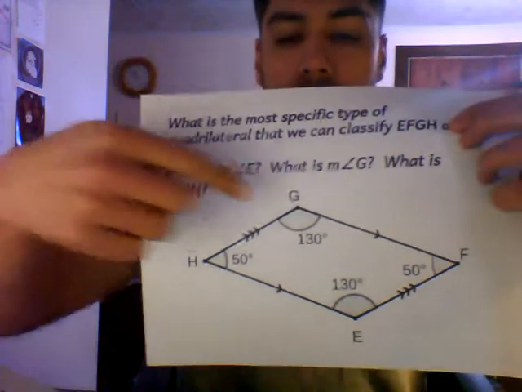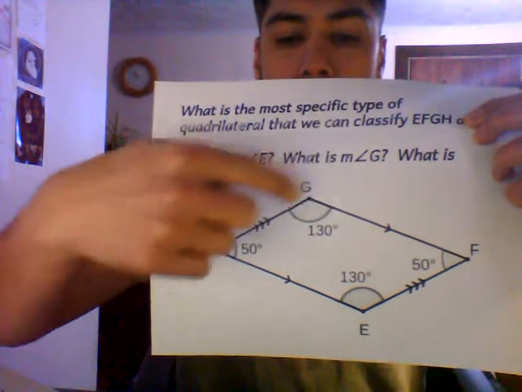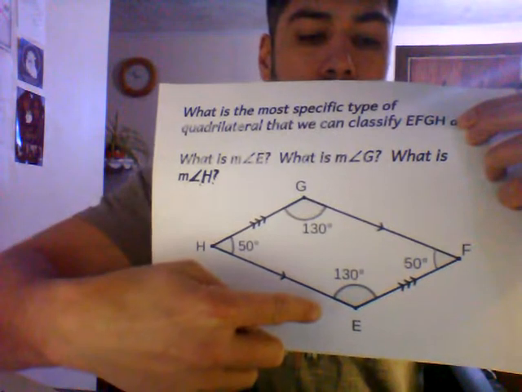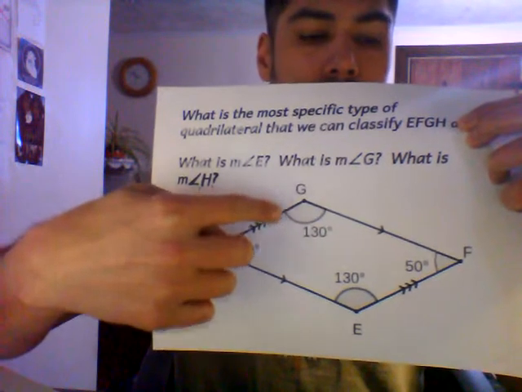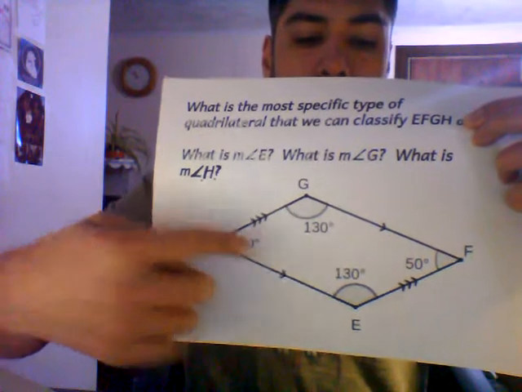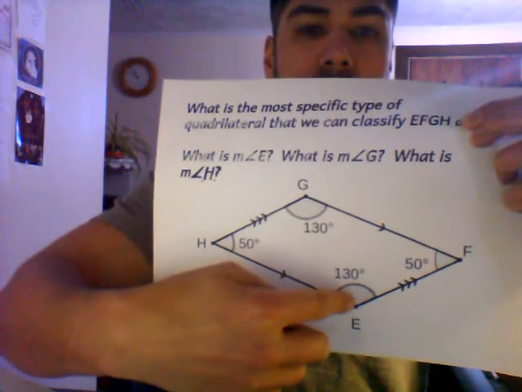So because this segment and this segment are parallel, we know that angle G and angle F have to be supplementary, and angle H and angle E have to be supplementary.